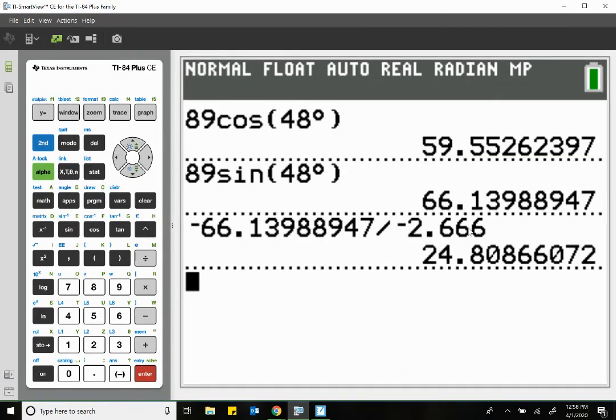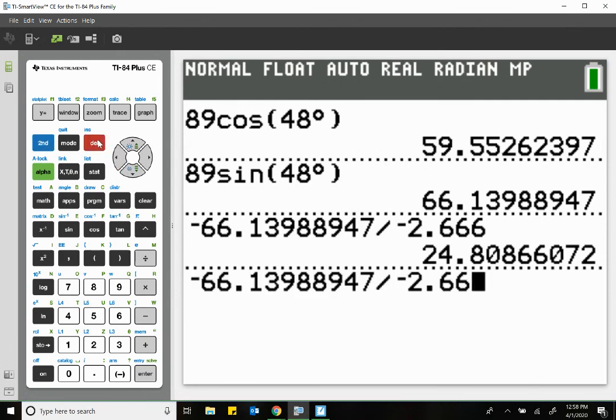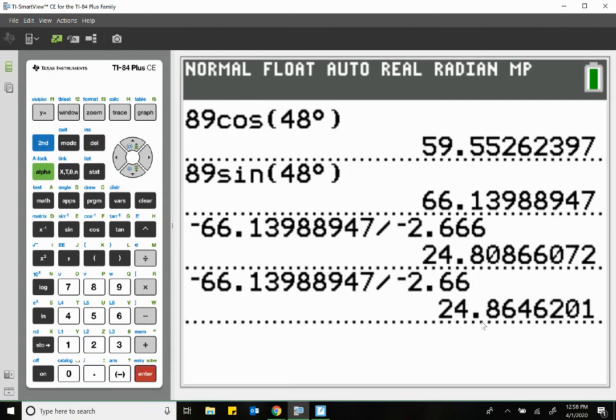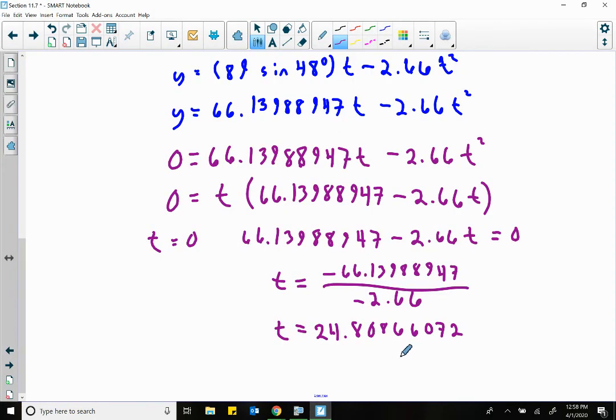Oh, I put too many sixes in here. No wonder. So let me recapture that. It's just going to modify our decimal just a little bit. So it should be 24.8646201. My bad.